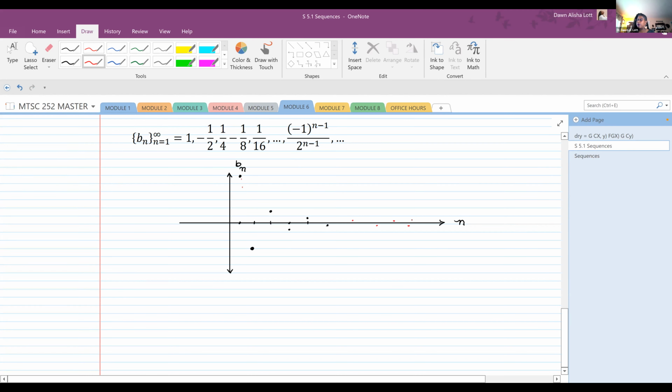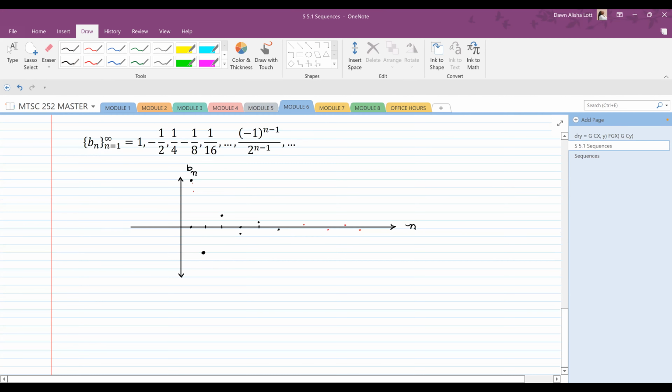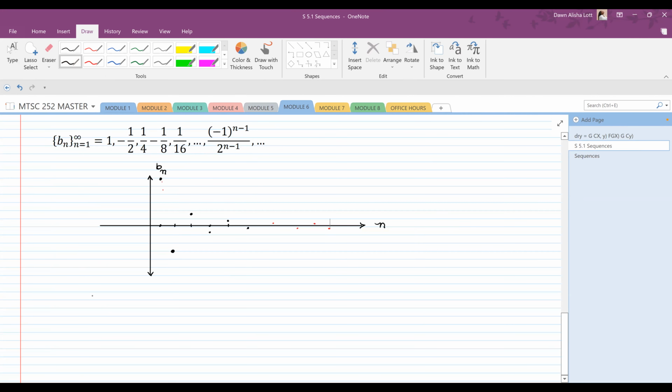Now they are never going to equal 0, but they're getting closer to 0. So this sequence is doing its very best. It is trying to go to 0.